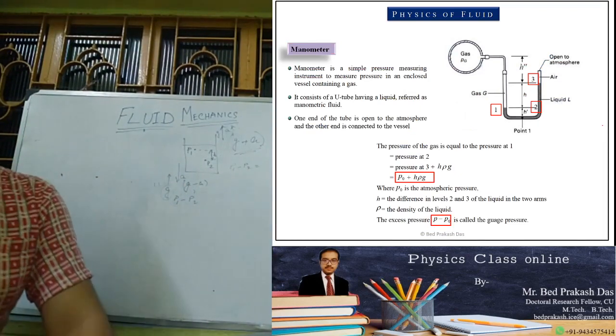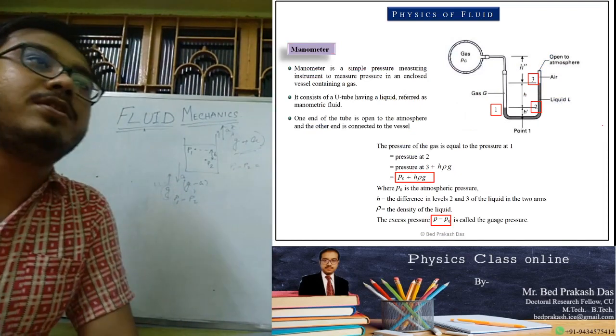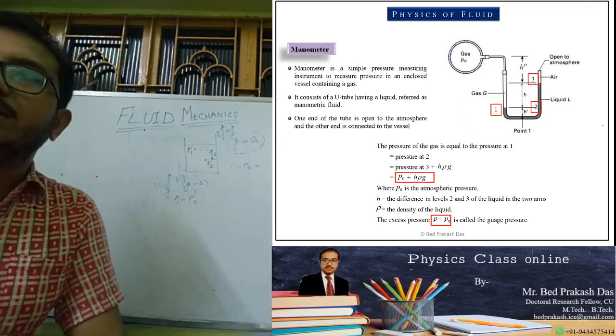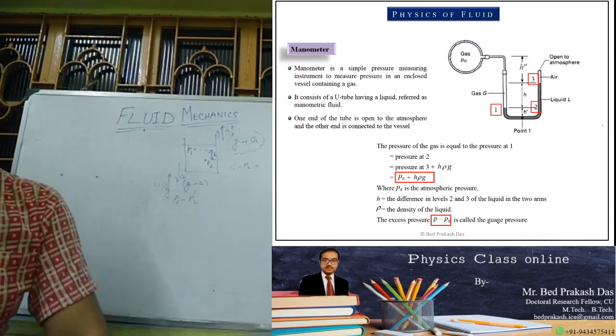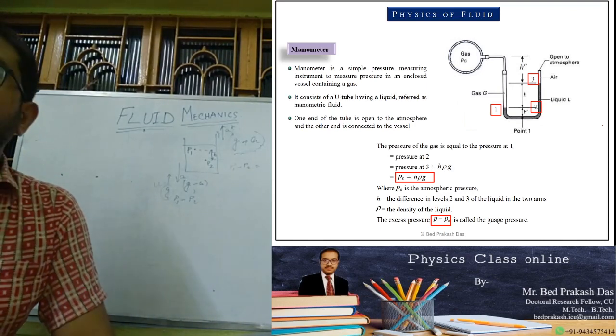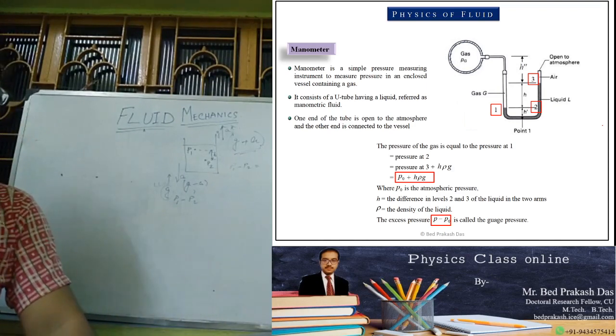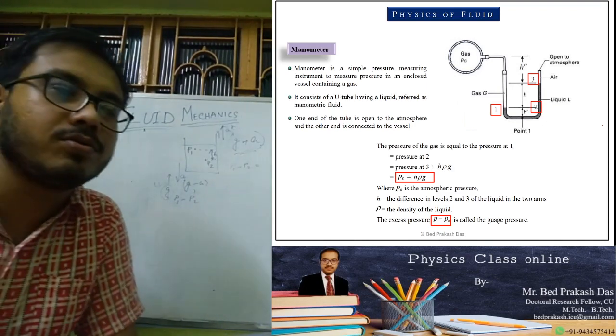Now moving to a very interesting and very useful instrument which is used to measure the static pressure of a fluid, specifically a gas. I am talking about the manometer. You can see a picture of a manometer in your slide.